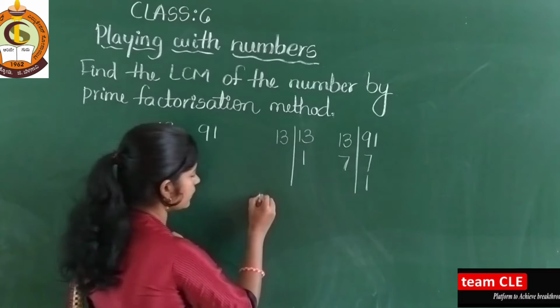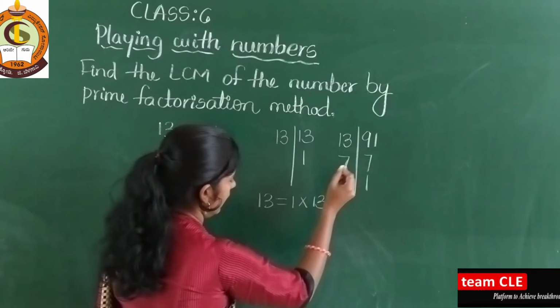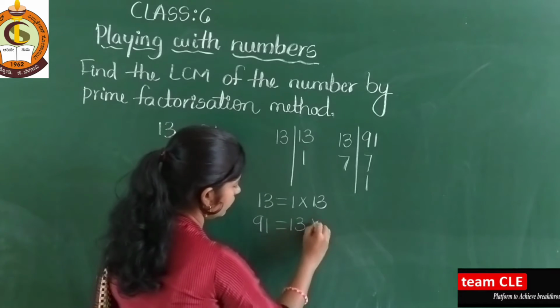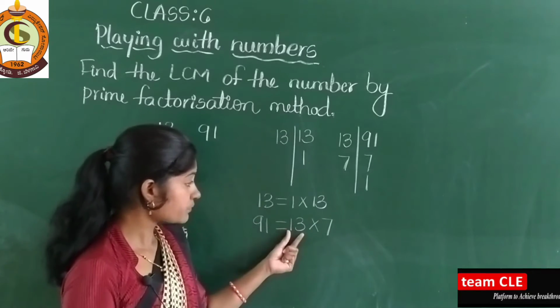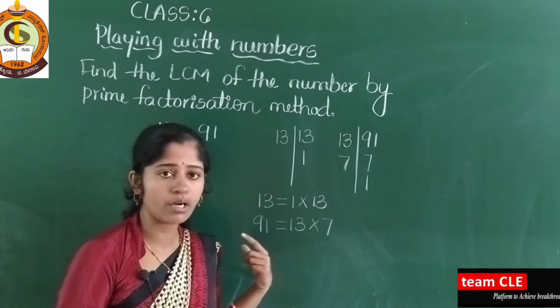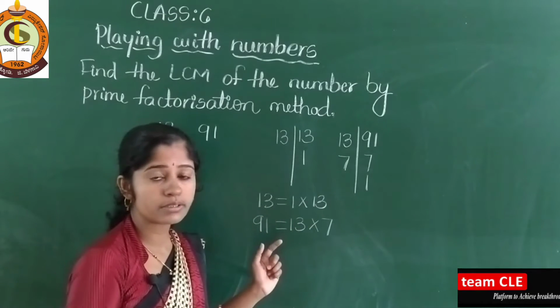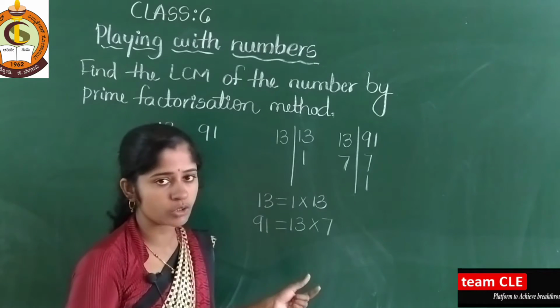So write here factors of 13, that is 1 into 13, and for 91 you write 13 into 7. See here, in HCF what you did was circle only the common terms, but here you need to take common and uncommon terms.